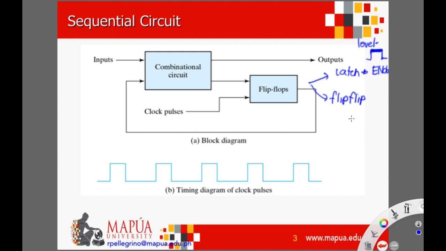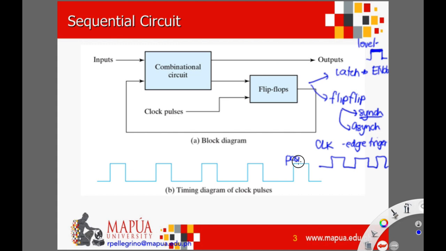In a flip-flop, on the other hand, there are two types: the synchronous and the asynchronous. In this case, it makes use of the clock, an edge triggered clock, which means if this is your clock, so positive edge, it will only change if your clock changes from low to high.